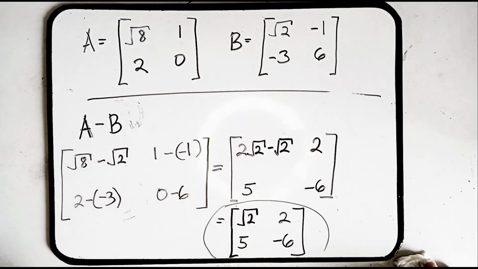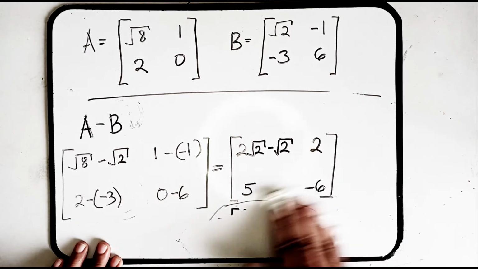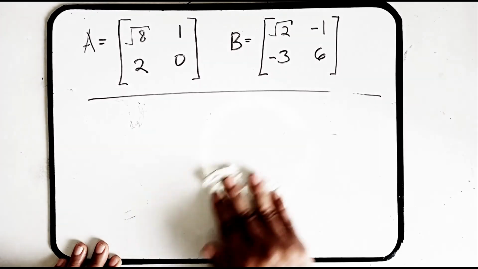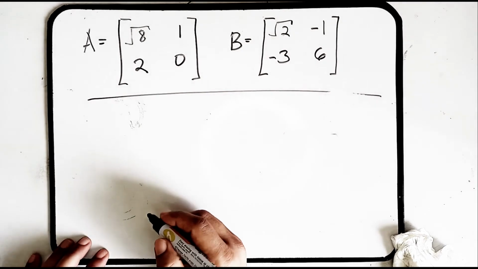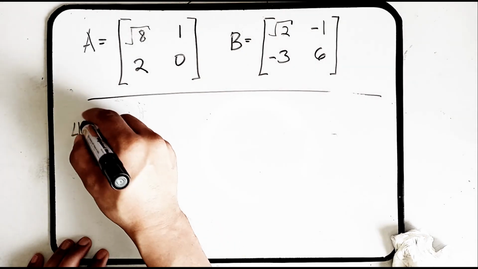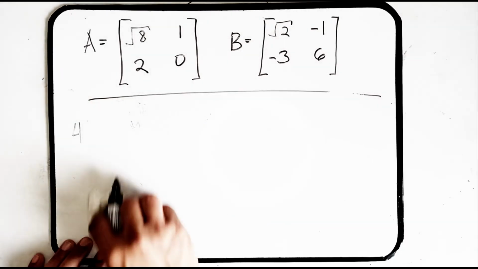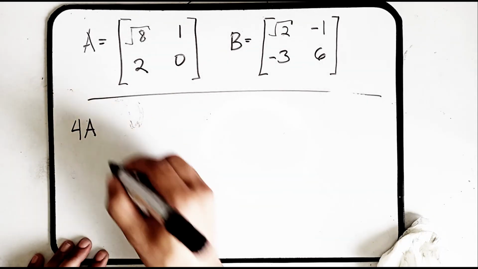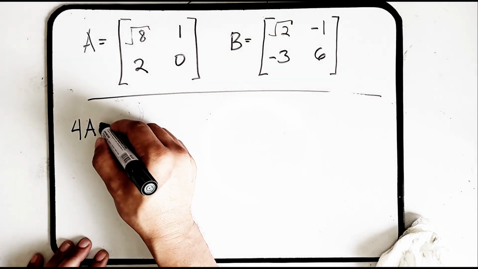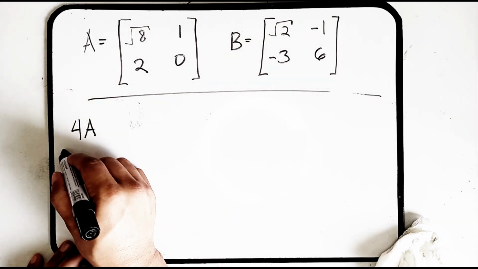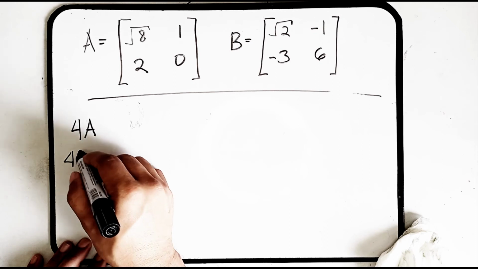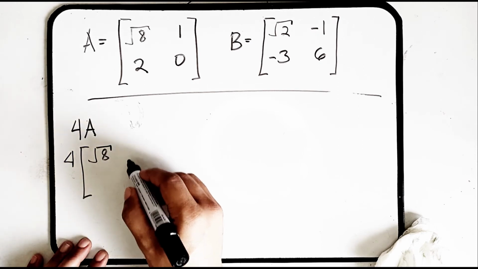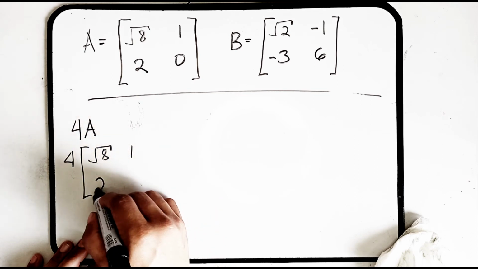Then last example, two last example. Let's say we have 4 times a. Okay, so this means that we have here 4 times the square root of 8, 1, 2, and 0.